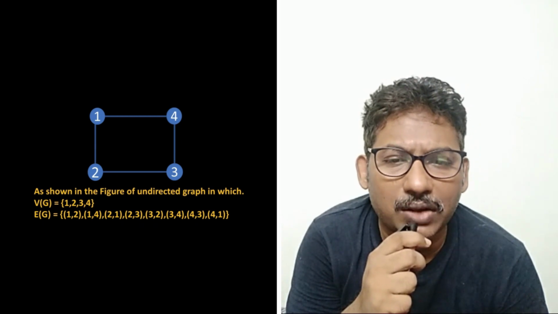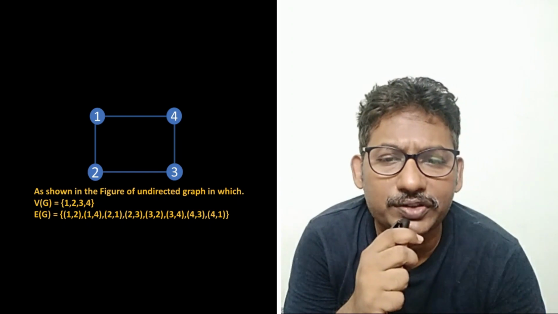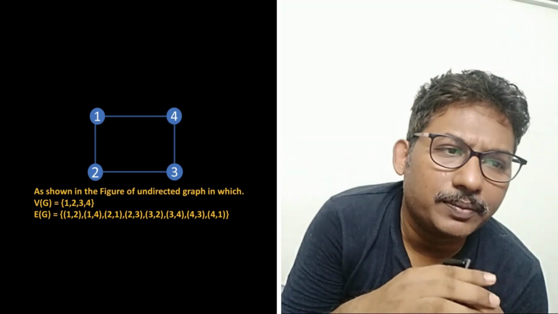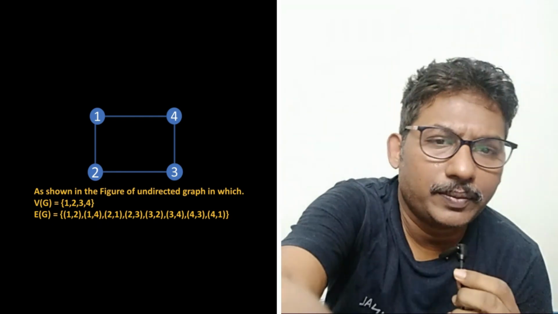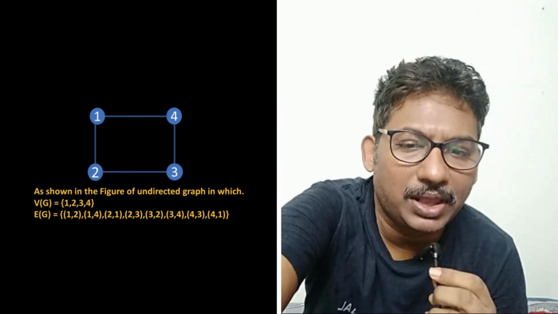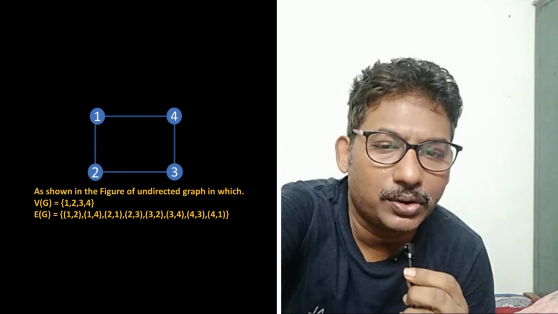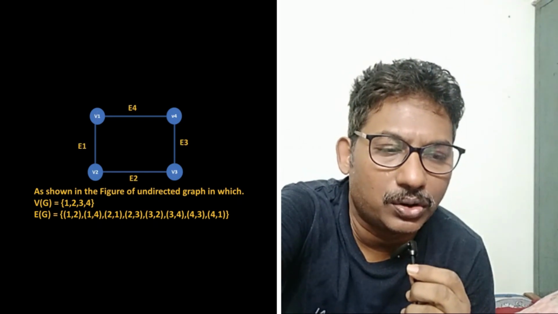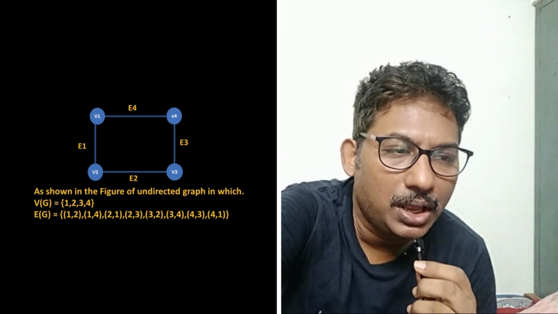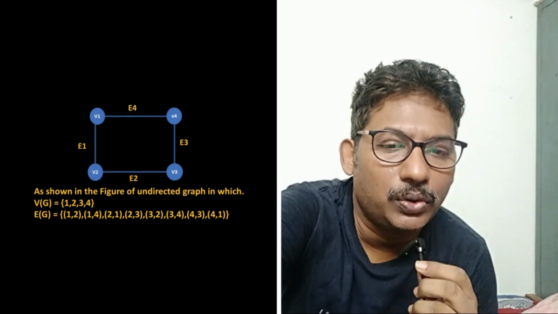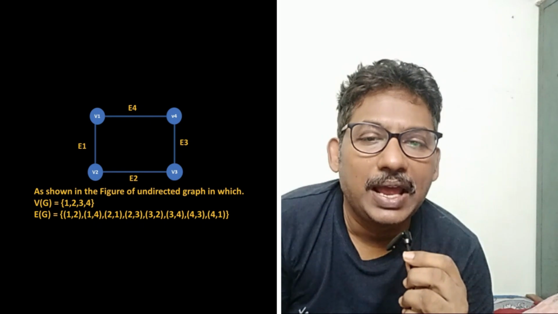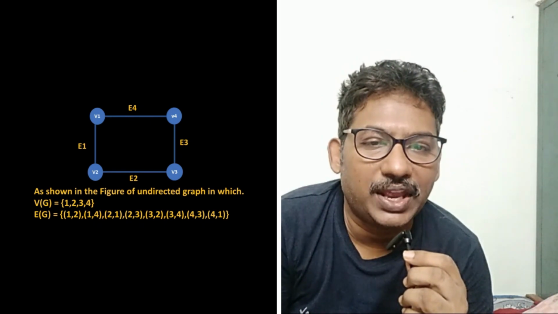Here the graph is given by the coordinates V of G equal to {1, 2, 3, 4}, E of G equal to {(1,2), (2,1), (2,3), (3,2), (3,4), (4,3), (4,1), (1,4)}, like that. And the edges are E1, E2, E3 and E4.